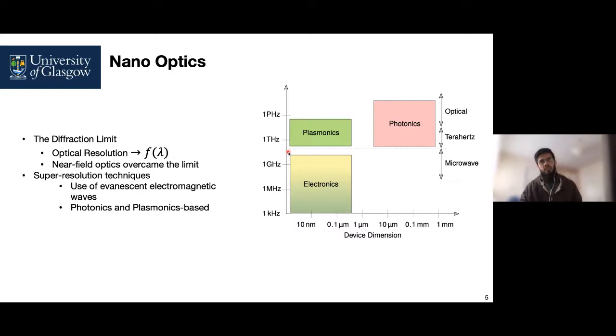With these plasmonic or photonic based imaging techniques, we have been able to overcome or go beyond the classical diffraction limit, which limited the operation as well as the applications of conventional microscopic techniques. So in this talk, we will be looking at some of the super resolution microscopic techniques that are based on plasmonics.